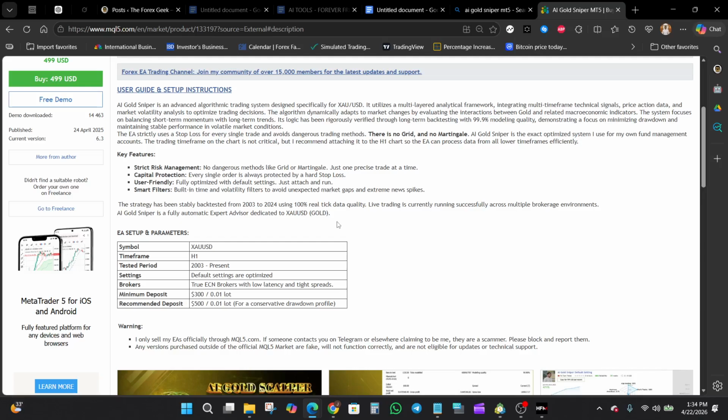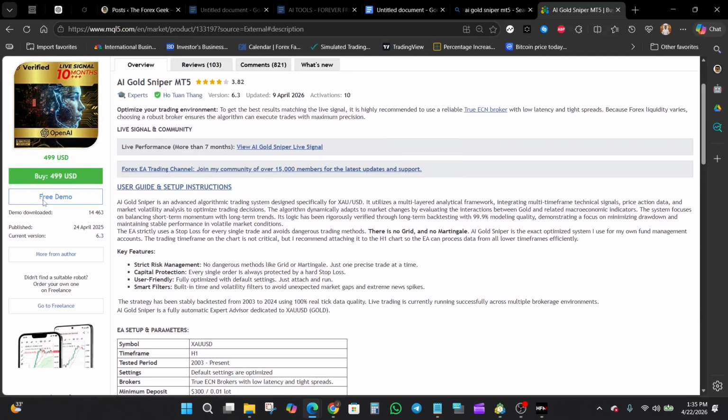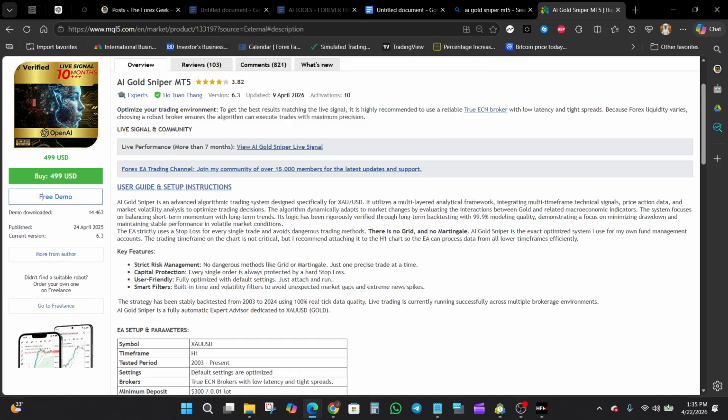So the EA is constantly evaluating how price behaves relative to trend and momentum, adjusting its entries accordingly. This adds flexibility, but like any adaptive system, its effectiveness depends on how well it interprets changing market conditions. All right, so now that we understand how the EA is structured, let's move into the strategy tester right away.